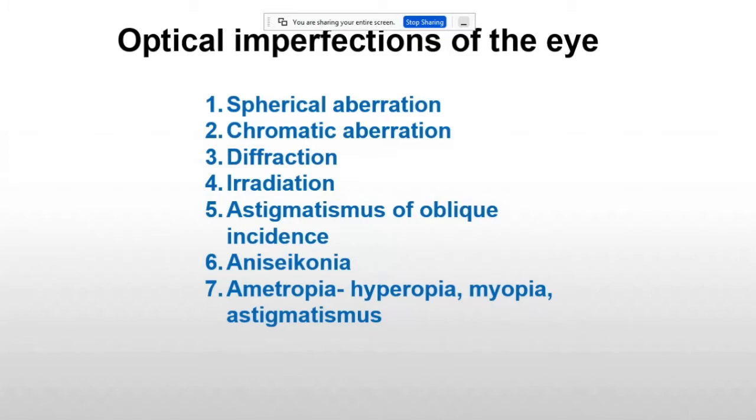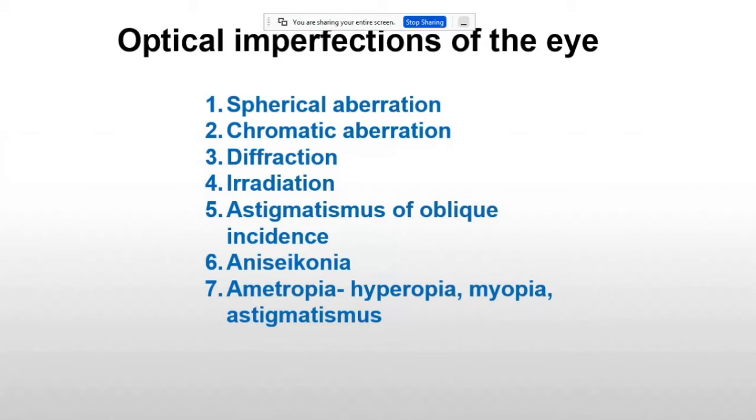Here they are. We have spherical aberration, we have chromatic aberration, diffraction. I promised to see what diffraction in the eye can mean. Irradiation, astigmatisms of oblique incidence, aniseikonia, and as we mentioned, ametropia, when parallel rays from infinity don't fall on the retina, on the fovea, to have a clear image on this very structure, but in front or behind the retina.